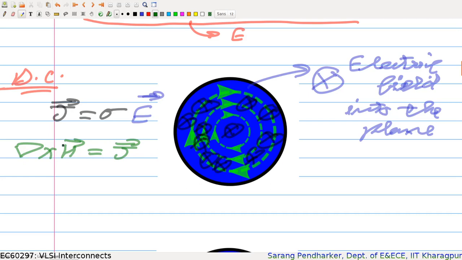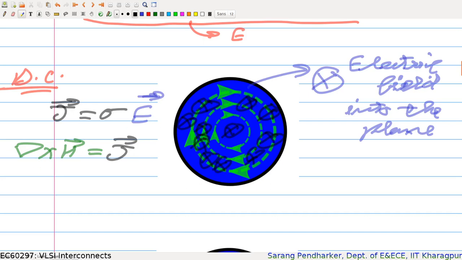How do we get the direction of that magnetic field? If the thumb points in the direction of current, which is going into the plane, and I take the thumb of my right hand, then the fingers would give me the direction of my magnetic field, because there is this curl in here, right?